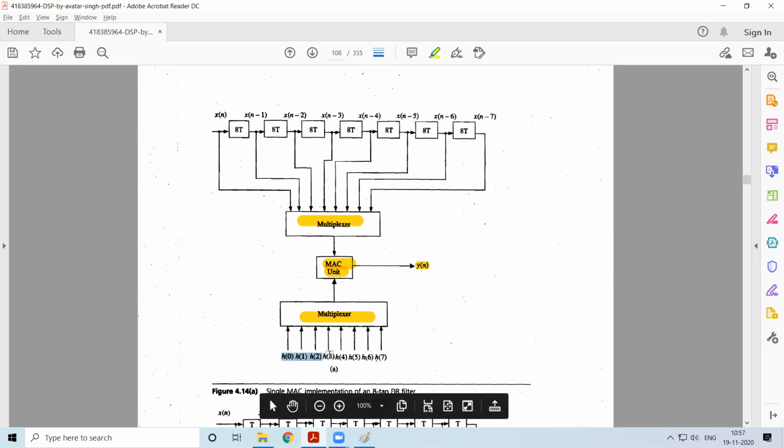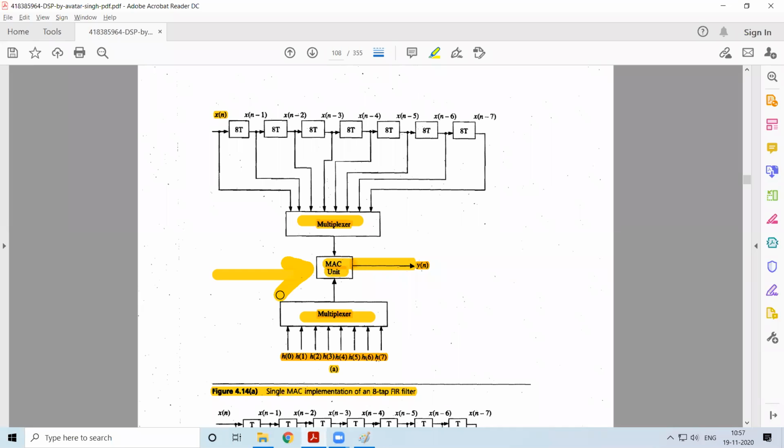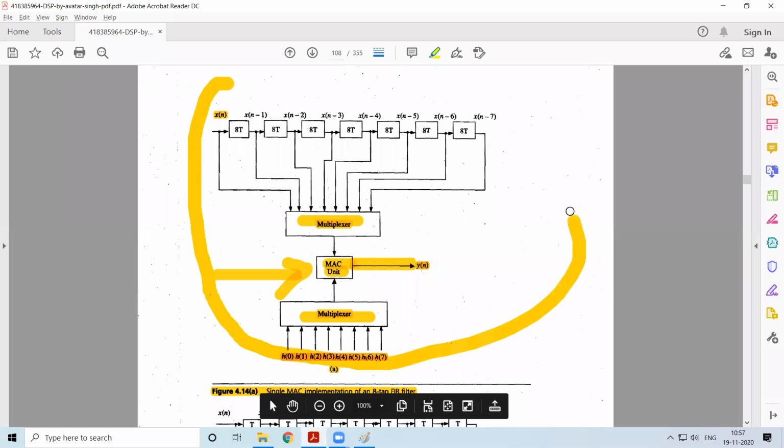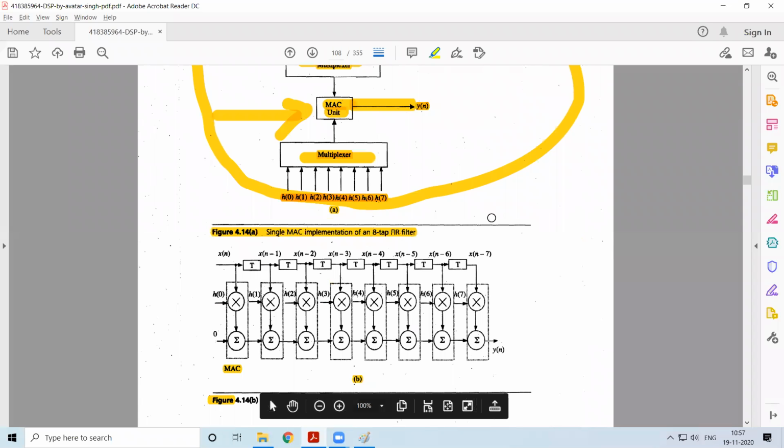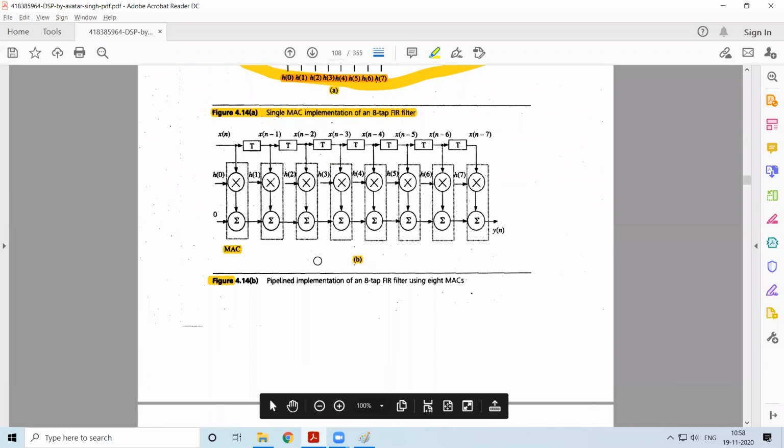All these things are applied in parallel, and when we use the MAC unit we also saw that pipelining comes into play. The MAC unit itself implements the parallelism and pipelining aspect. So this is just an example with respect to the convolution of the two things.